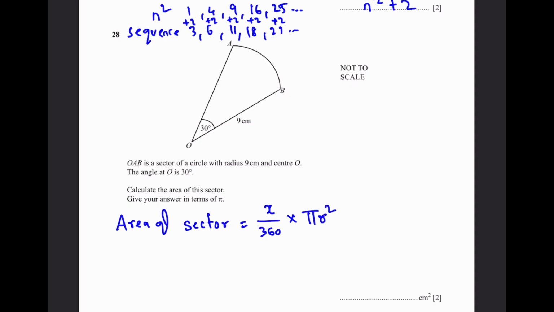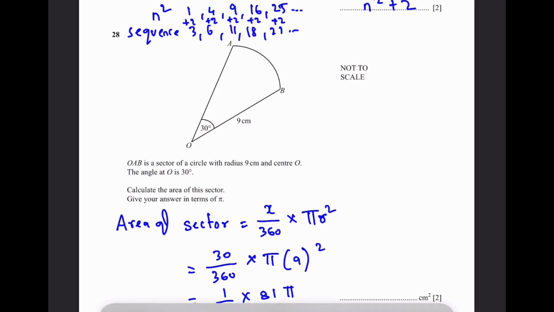Now all we have to do is substitute the values: 30/360 multiplied by pi into 9 squared, which is equal to 1/12 into 81 pi.